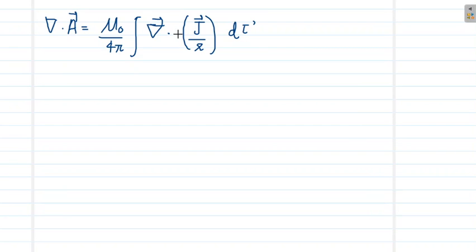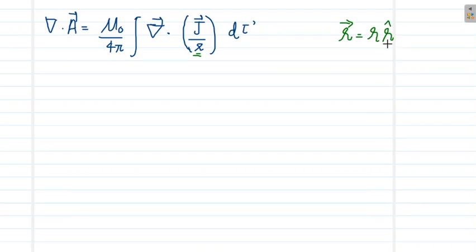So now we need to find del dot of j bar by r. To clarify one small thing about this r, here this curly r in the denominator is not vector r. Vector r is r into r cap, so vector r consists of both its magnitude and its direction.